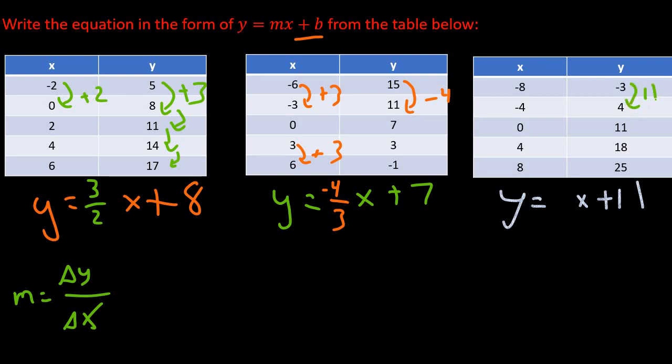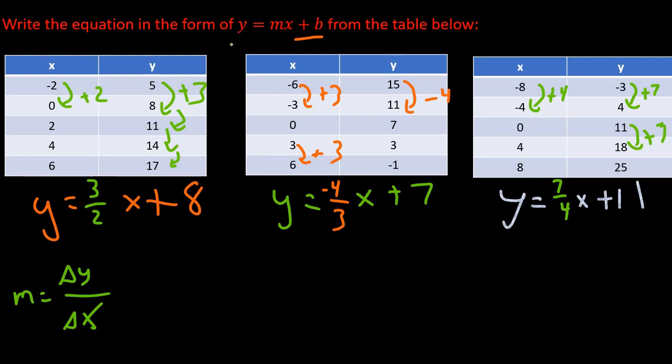I'm sorry, not 11, it's by 7. It might be a little easier to see when you just have the positive numbers there to go from 11 to 18. If you can't do it mentally in your head, that's okay. What you would use at that point is the slope formula, and for the x's, that'd be a positive 4. So the slope for this one will be 7/4.